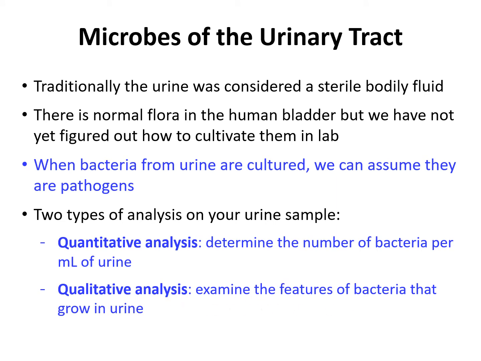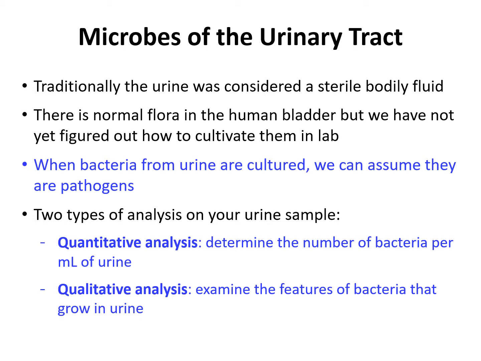We look at the features of the bacteria that are growing in the urine. Because as I said, there are certain bacteria that we know usually cause urinary tract infections, such as E. coli. E. coli is the number one bacterium responsible for urinary tract infections.